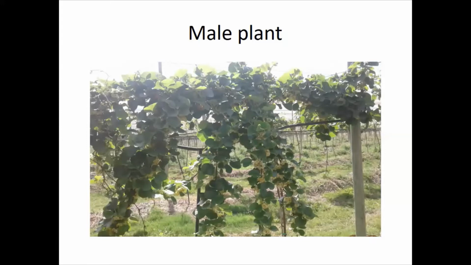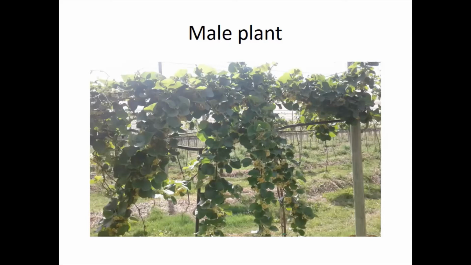Okay, so if you only have one plant, what's going to happen? You're not going to have production. If you have females only, you'll have very few fruits if you are lucky. Out of 100 flowers, you might have maybe 2 small fruits. So for you to have good fruits or bigger fruits, you need a male pollinator.